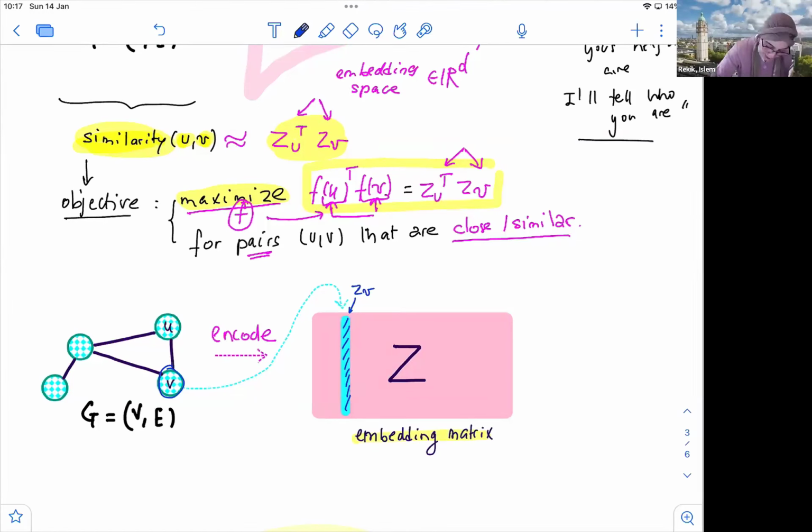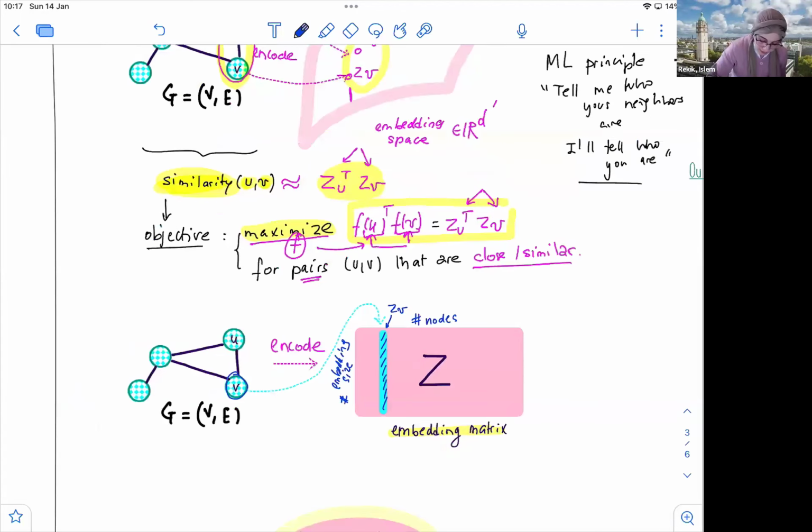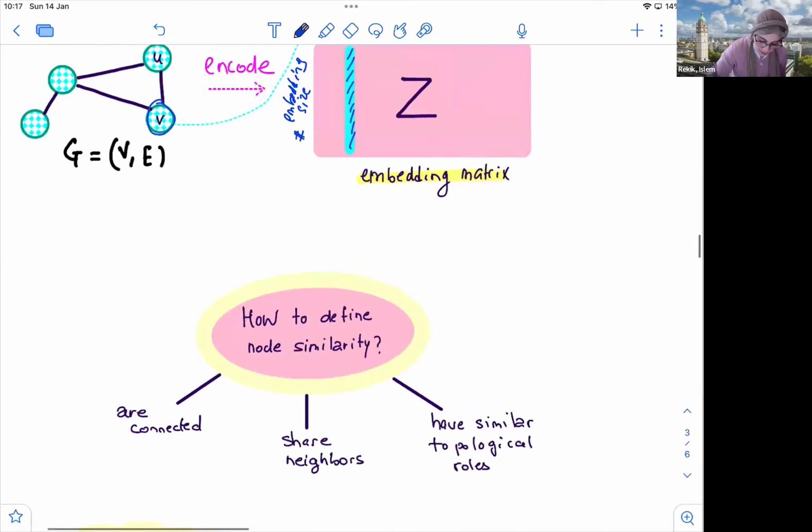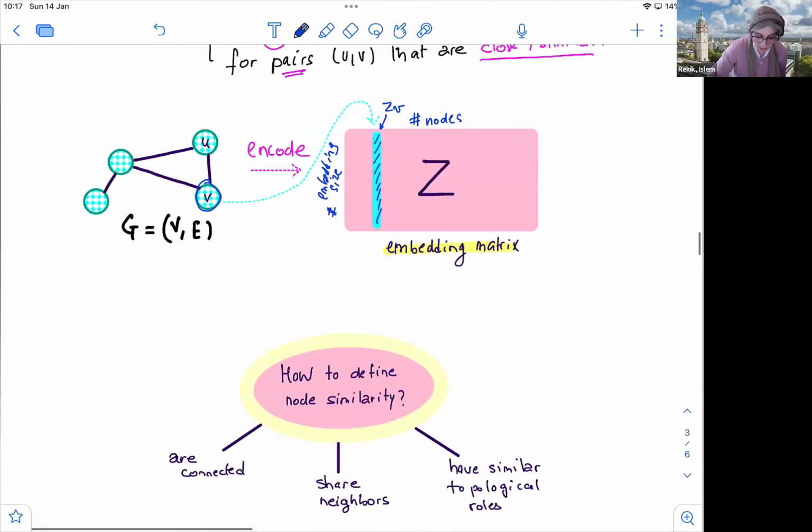Here we have the number of nodes, and this is the embedding size, or the dimension of the embedding. Okay, cool.